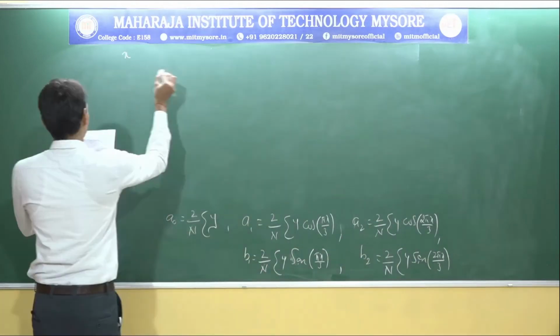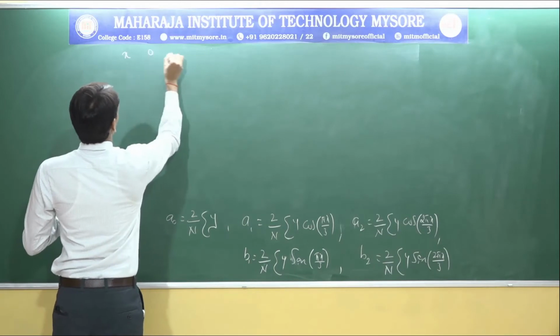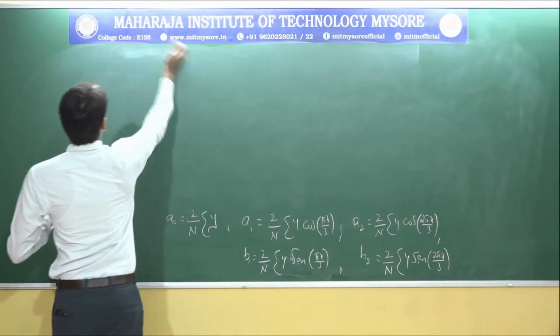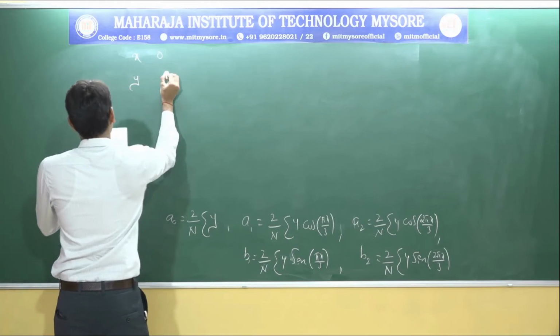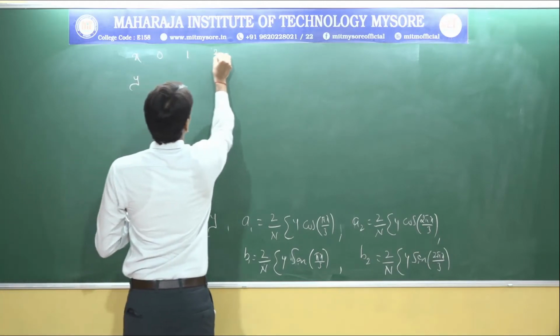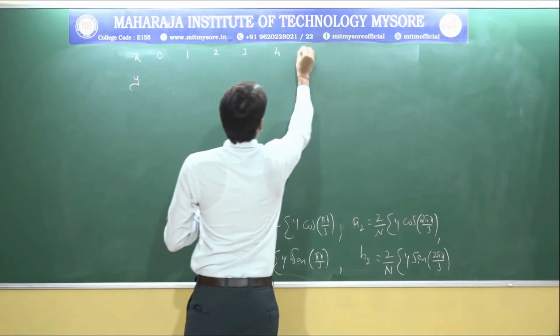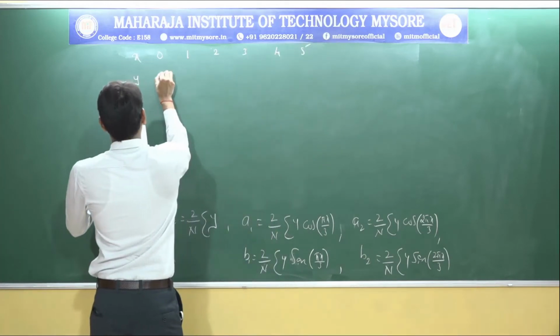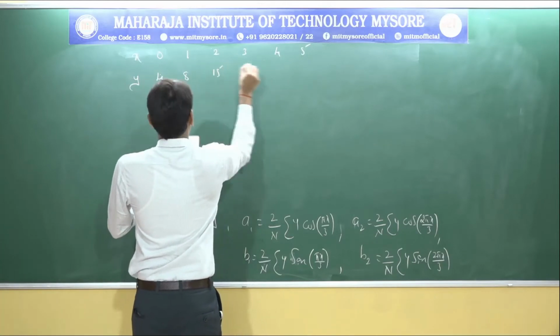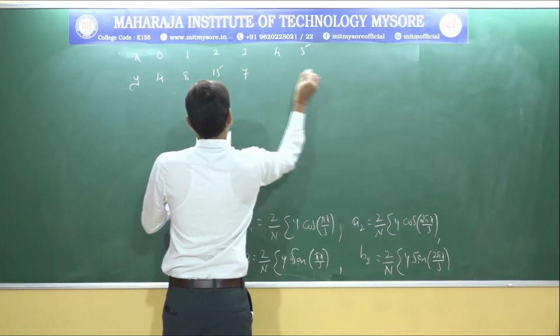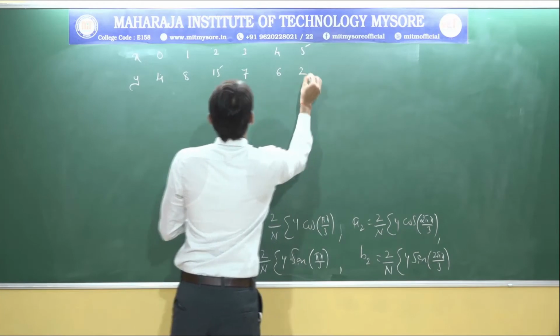Now, x and y: x is 0, 1, 2, 3, 4 and 5, and y is 4, 8, 15, 7, 6, 2.